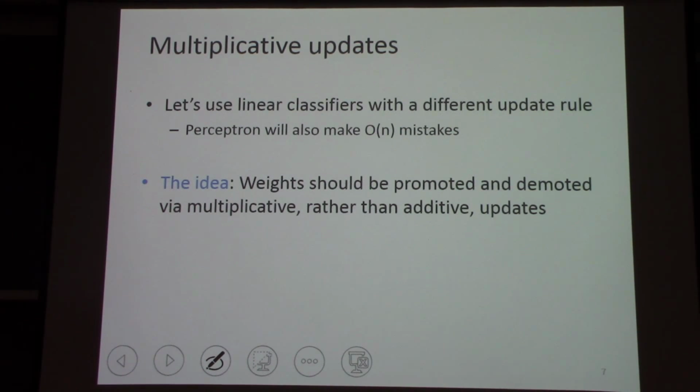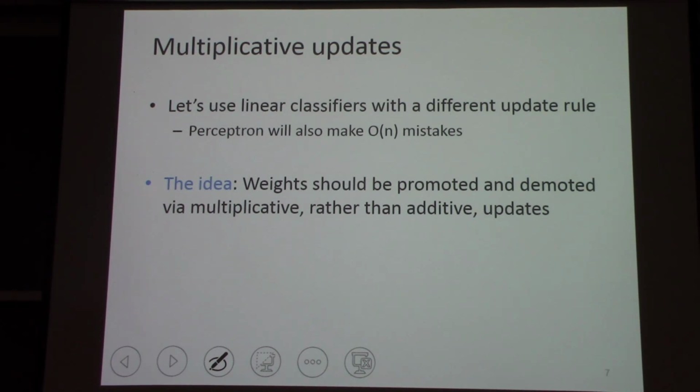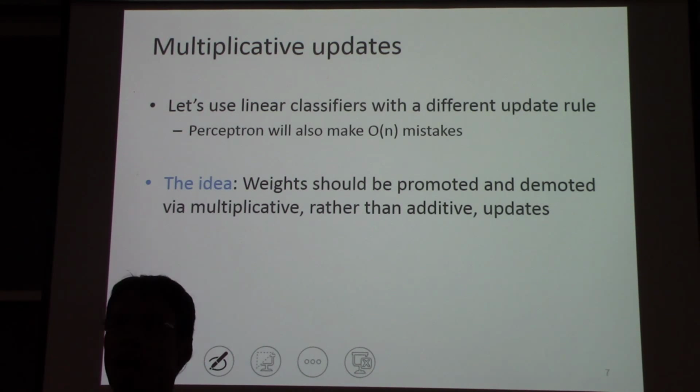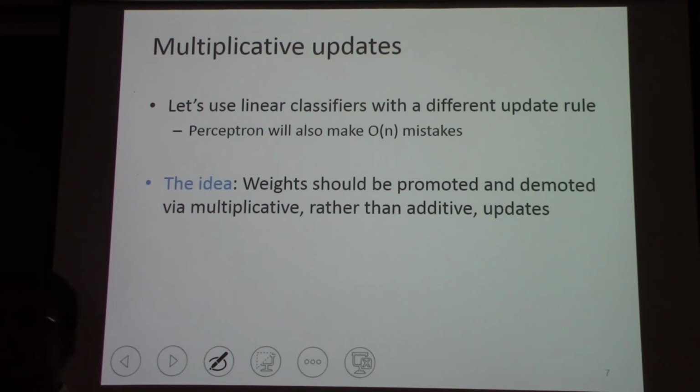What we would like is an algorithm whose mistake bound is weakly dependent on the dimensionality, say logarithmically. One such algorithm is the halving algorithm, except the halving algorithm is computationally nasty. So what we want is an algorithm that can get the same mistake bound as the halving algorithm, and yet can be computationally efficient. And the answer to that is the Winnow algorithm.